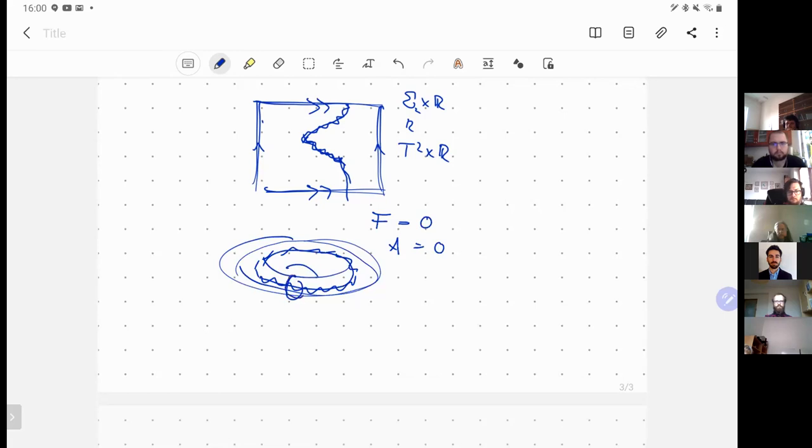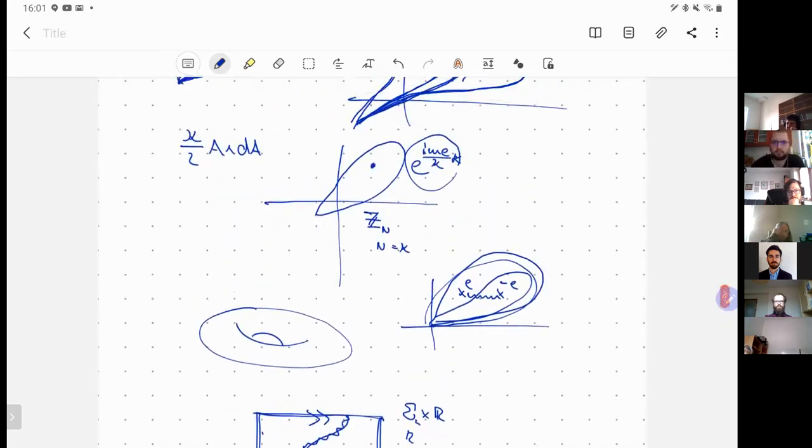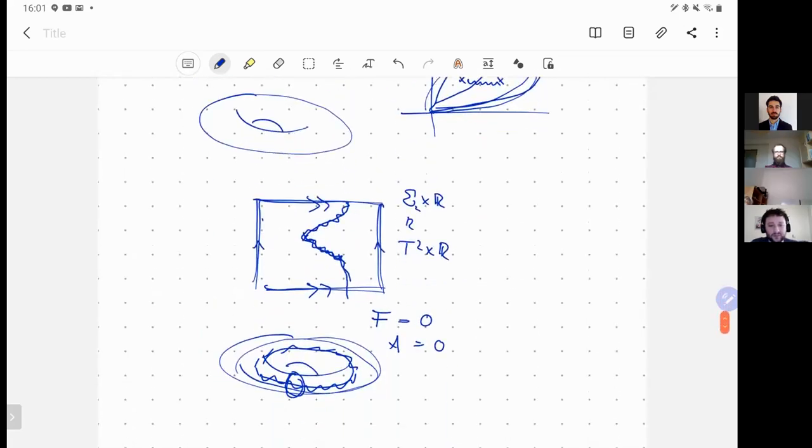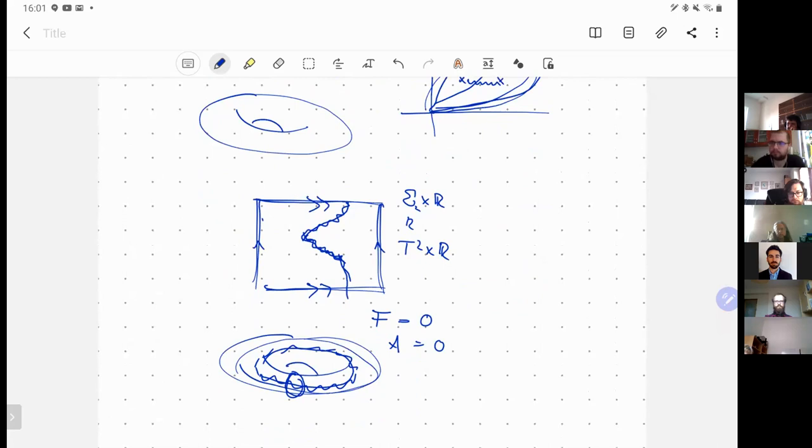But if I go around this other cycle, it doesn't matter which place I choose, I always hit the branch cut once. So I'm going to generate the phase here, and there's no way to avoid it. That's the way to see that there is a different vacuum.